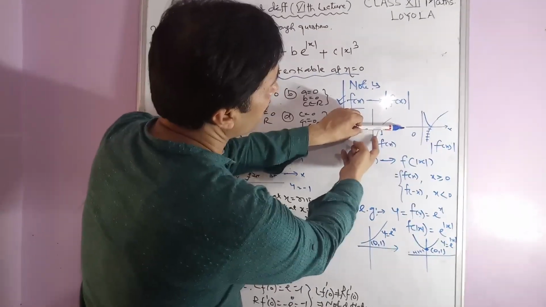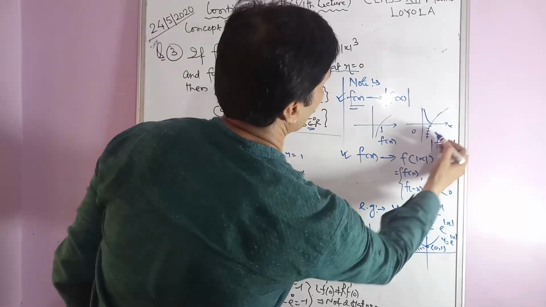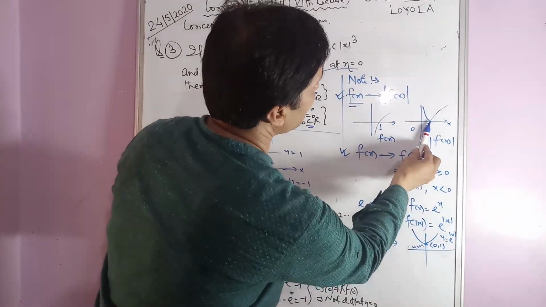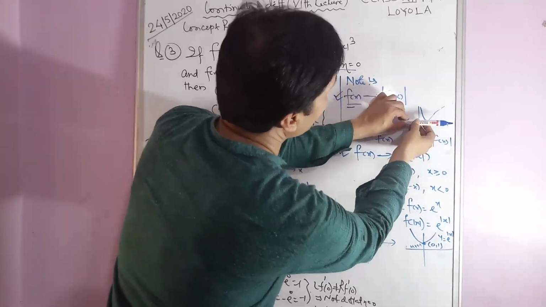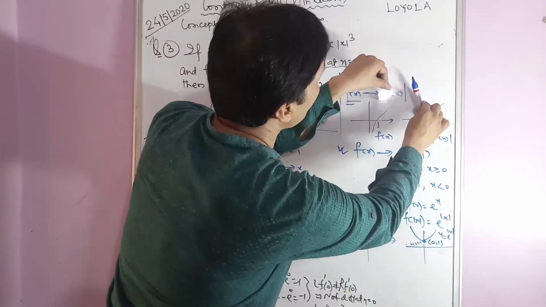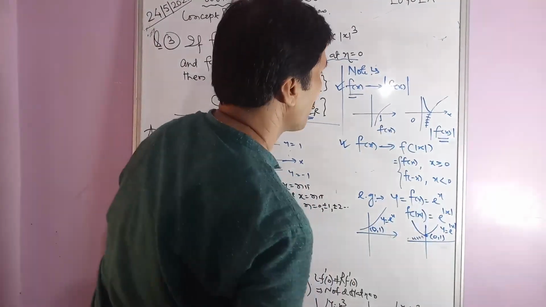We remove the portion below x-axis, and take the image of this portion in the x-axis, that is, we rotate this portion about the x-axis through 180 degrees. So this is the graph of mod of f(x).